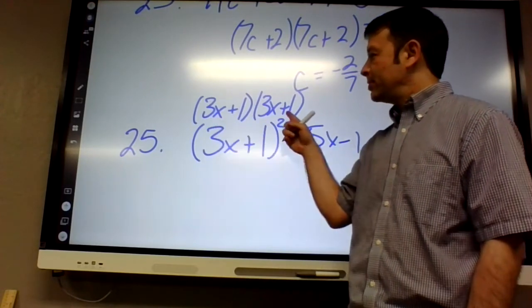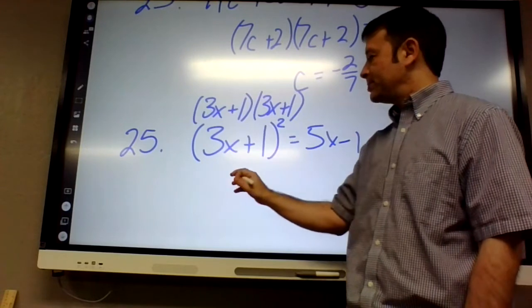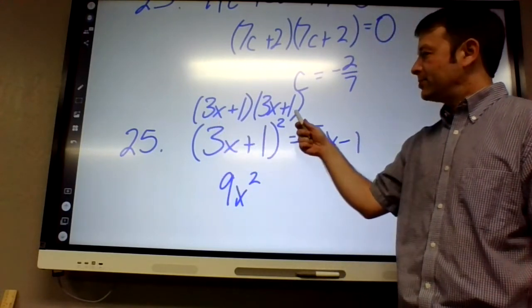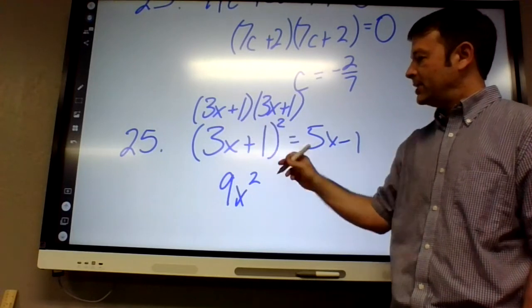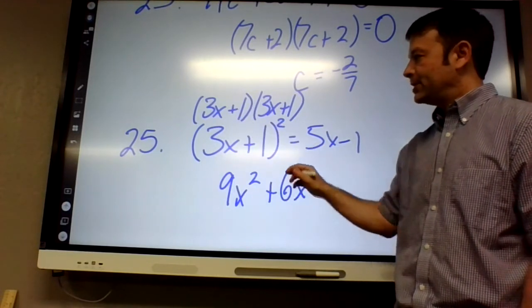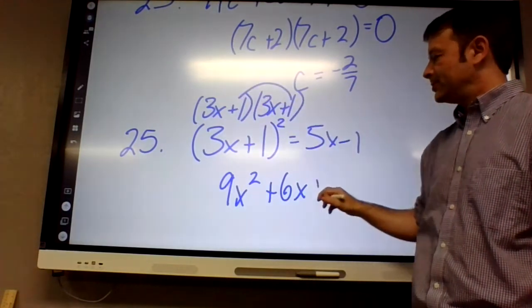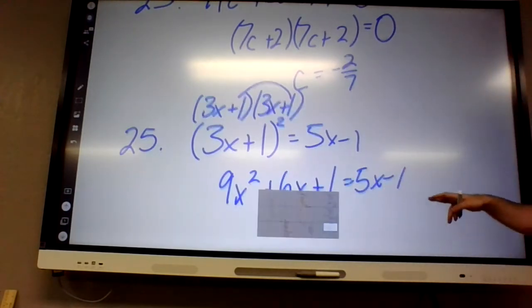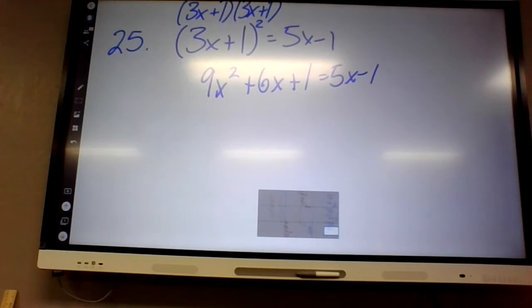If you square the left side, first is 3x times 3x, 9x squared. Outside is 3x, inside is 3x. I'm just foiling here. Last is 1 times 1. Then it looks like that. Now what do we do?